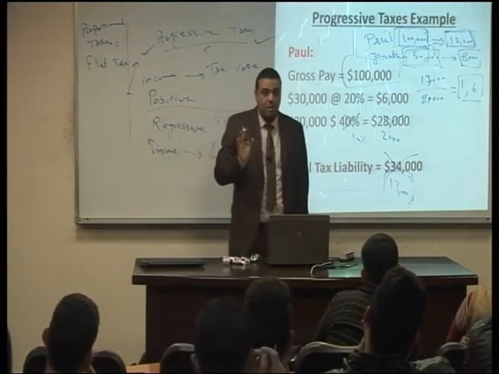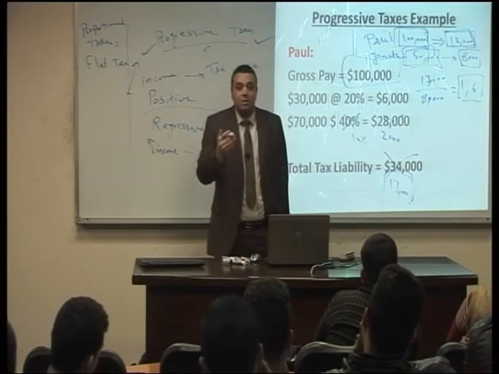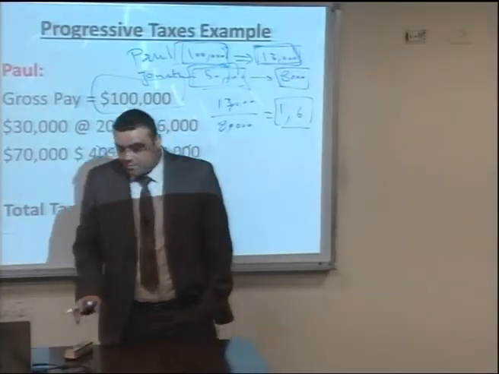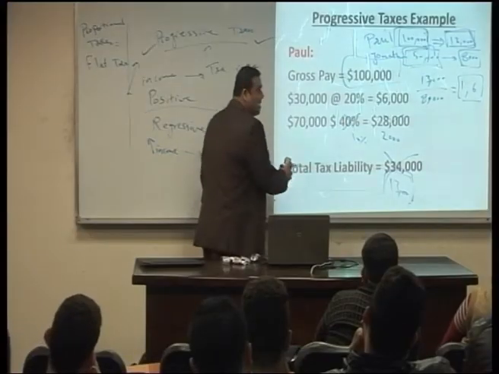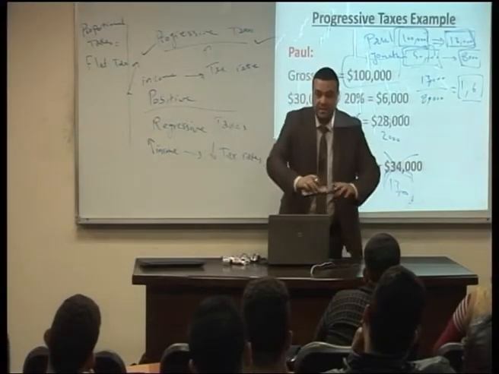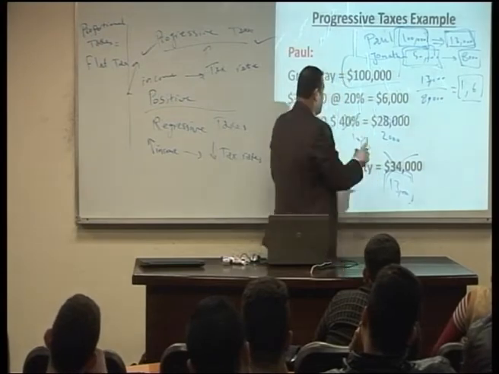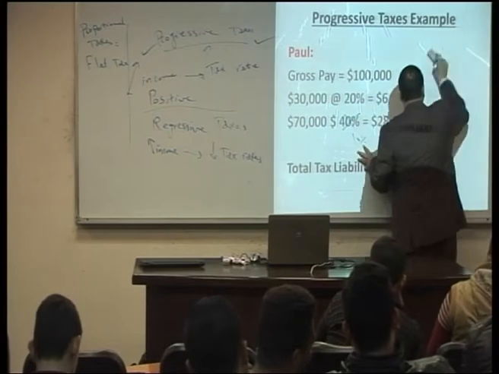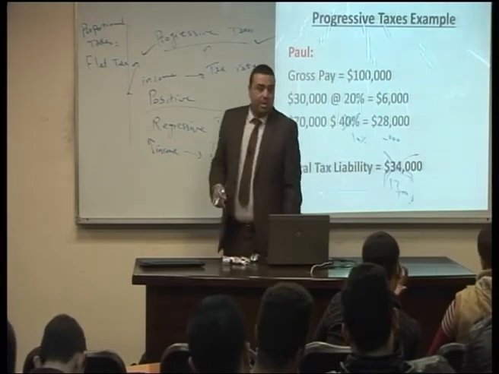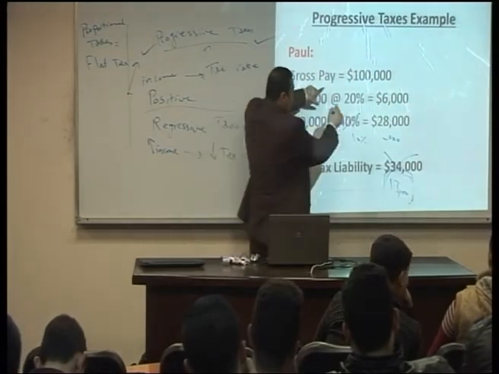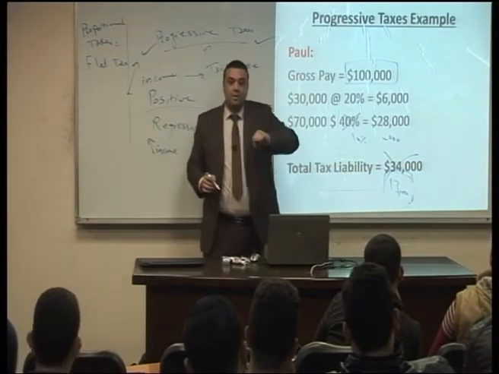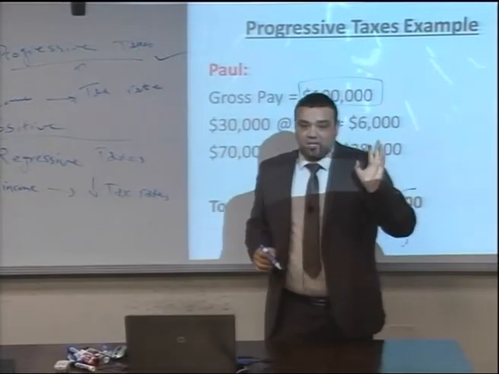Okay. What about the proportional taxes? For the proportional taxes, it's a lump sum tax rate. Here, let us assume that in the same example, Powell earns $100,000 and Jonathan earns $50,000.